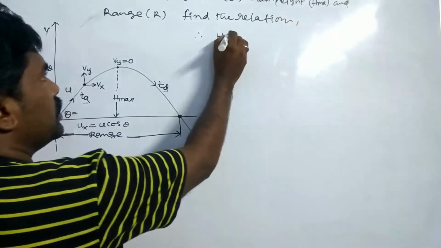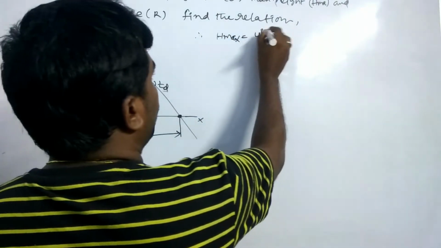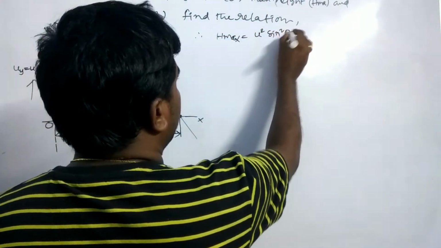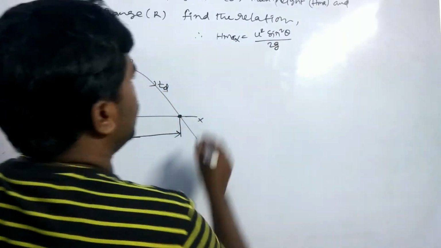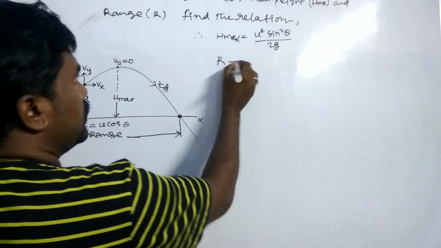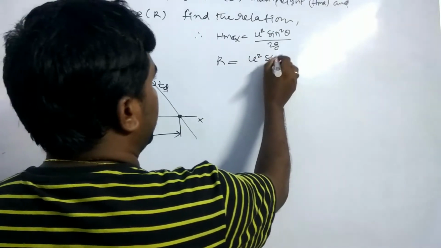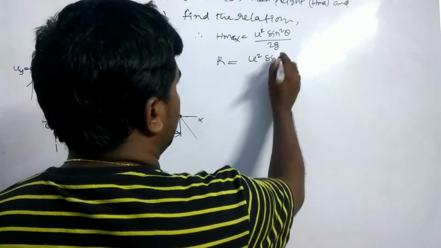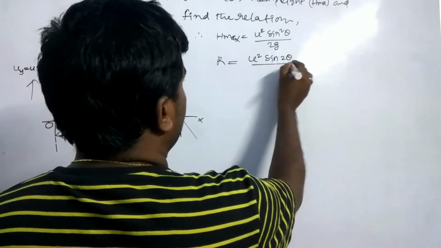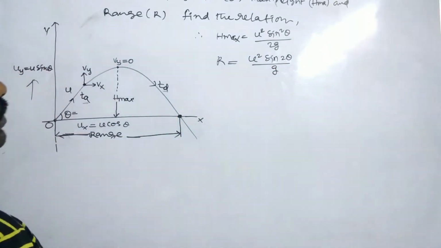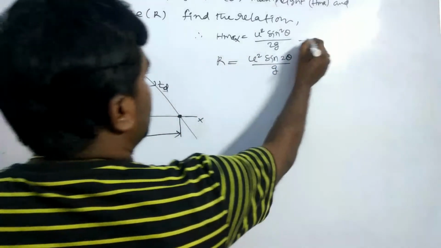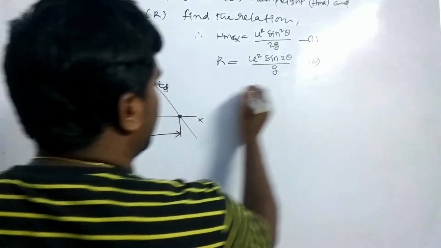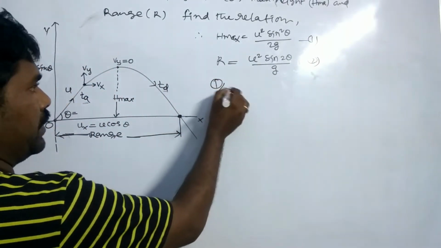h maximum is equal to u square sine square theta by 2g, and r is equal to u square sine 2 theta by g. This is equation 1 and this is equation 2. From equations 1 and 2 we have to do 1 by 2.